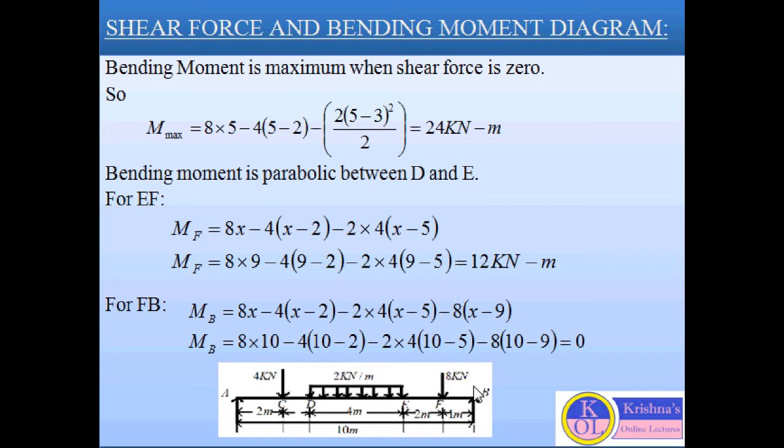But the value of x at B we are taking as 10 meter. So if we put x equal to 10 here, then we will get the value of moment at point B, which is 0.